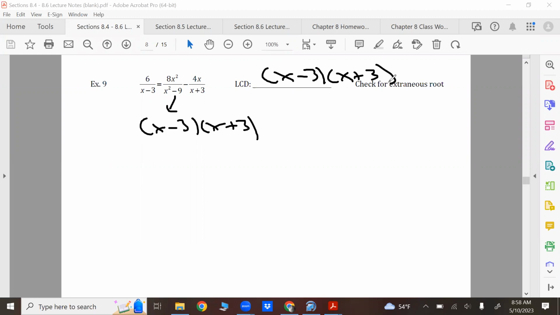Oh, go ahead, AJ. Just use x. 3x. What do you mean by 3x? Okay, the next page. Well, look, here's my notes.